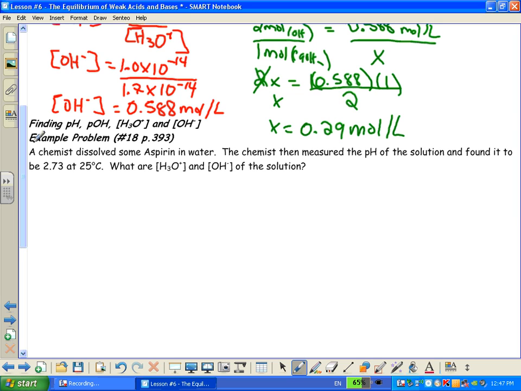What are the concentrations of the hydronium ions and the hydroxide ions of the solution? Okay, so there's a couple things we want to find. So first, let's just put out what we're given. We know that we have a pH of 2.73. Our goal of this question is to find the concentration of our hydronium ions and the concentration of our hydroxide ions.